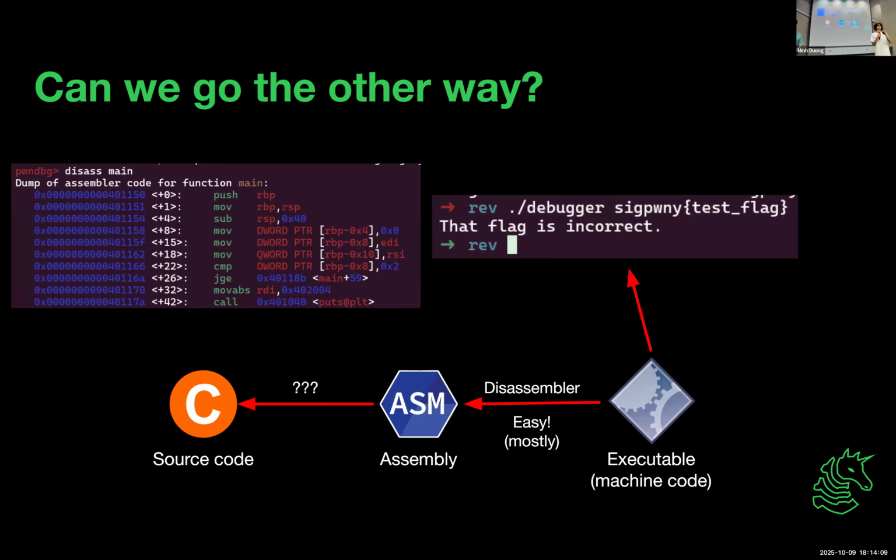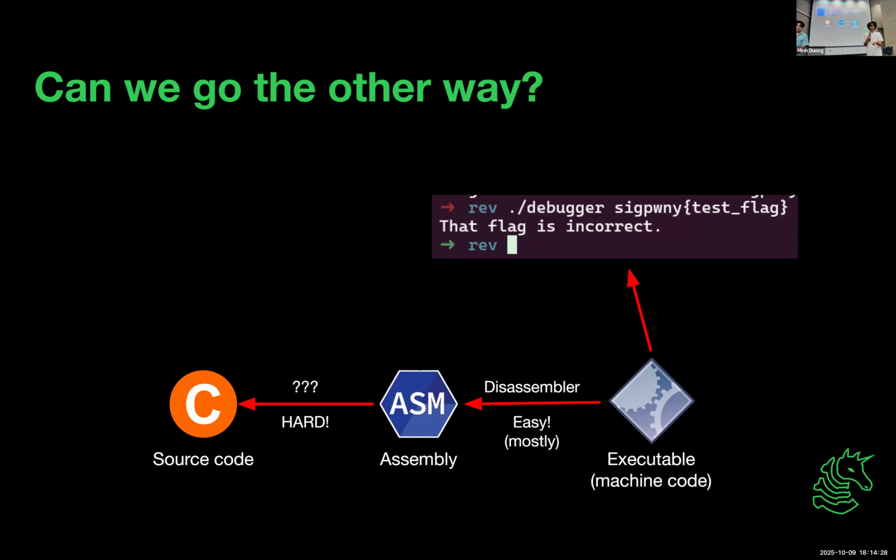If you know what architecture the executable is made for, you can find out what assembly instructions those values correspond to. So that's how we get to the assembly step.